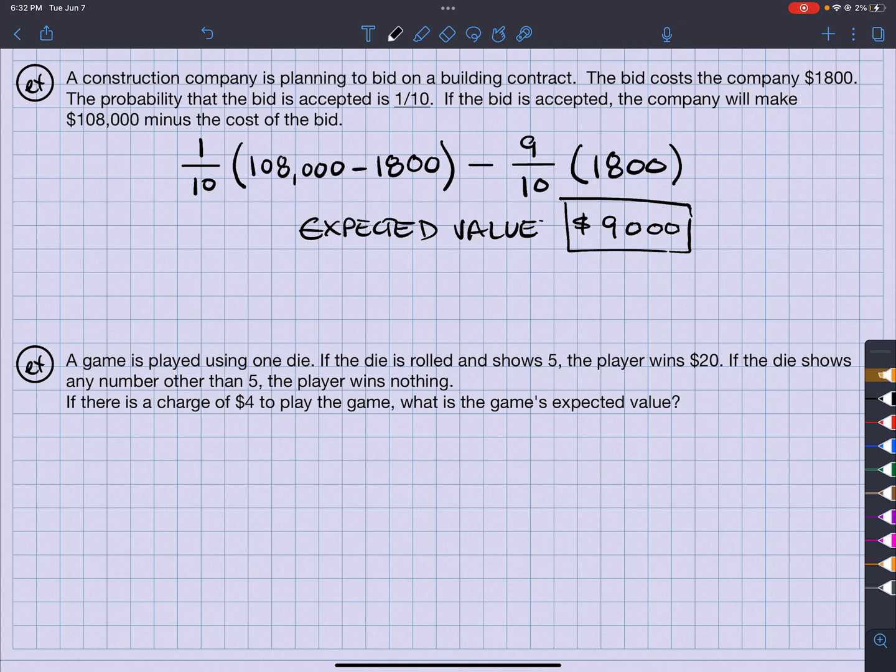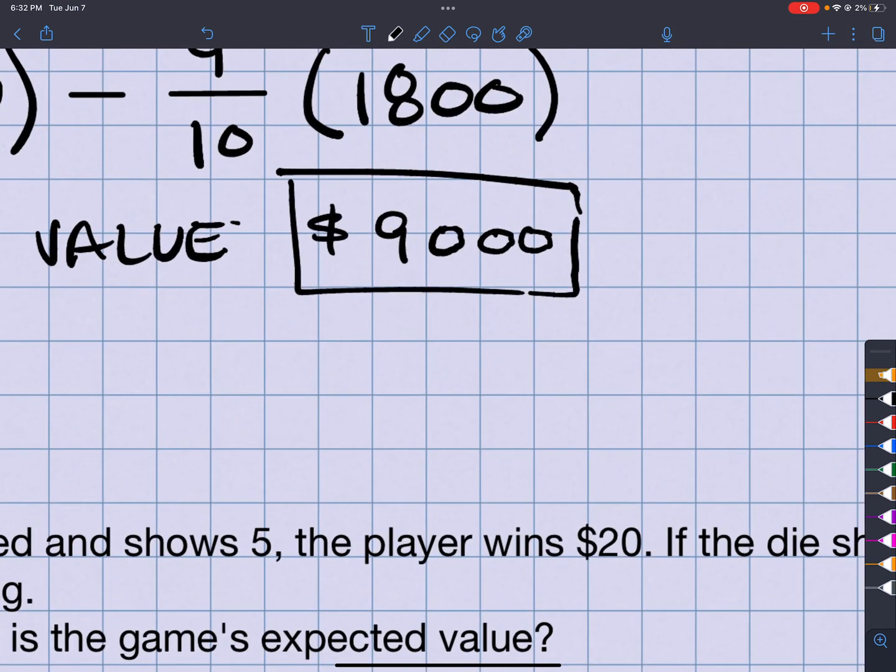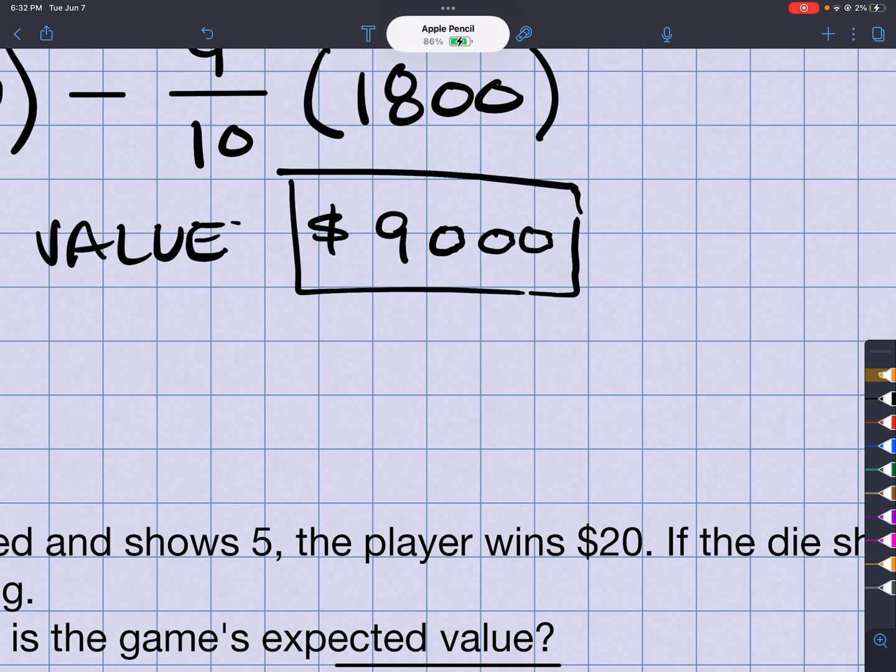So this is actually something that's worthwhile to put that bid in, even if I only have 1/10 of a chance to win the bid. And why? Because the expected value is a positive 9,000. Okay, so it tells me that I have a better chance of getting it than losing that $1,800.